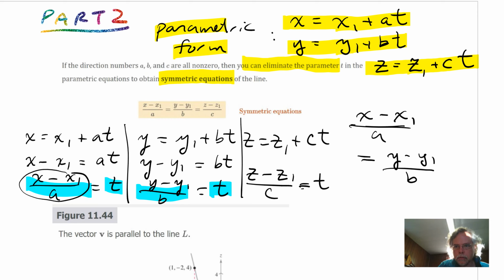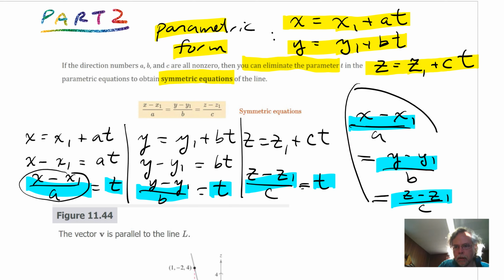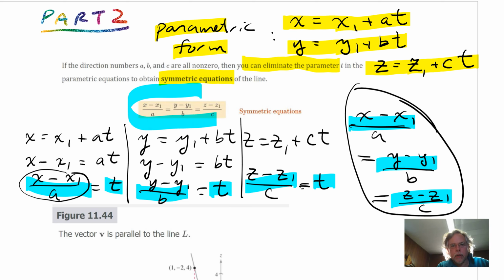And so these two things are equal to each other. But t is also equal to z minus z1 over c. And so these equations are called the symmetric equations of the line. And this is what's meant by eliminating the parameter to obtain them.